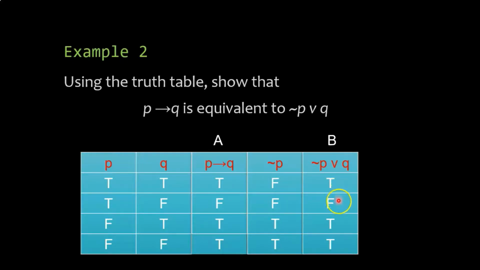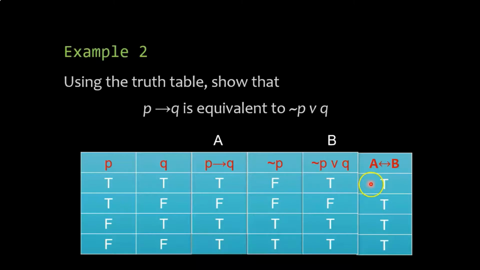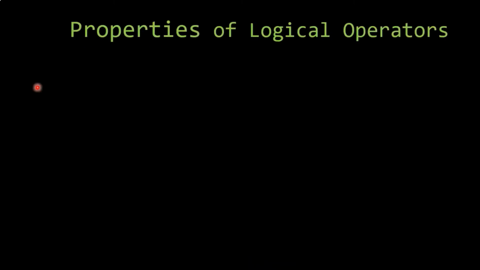Otherwise, give false. So true, false, true, false, false, false, true, true, true, false, true, true. So if both statements A and B have the same truth values, then you can say that A is equivalent to B.